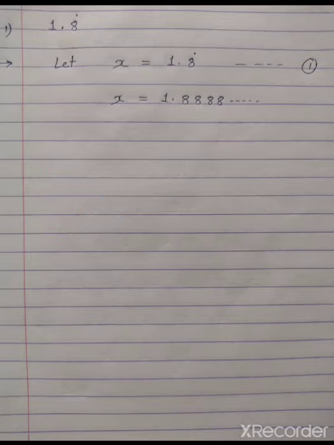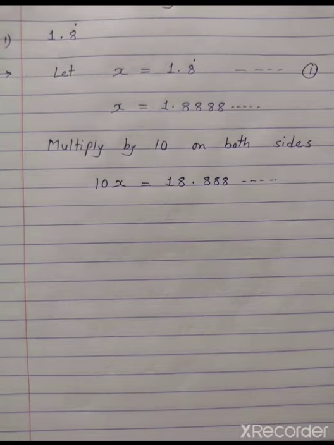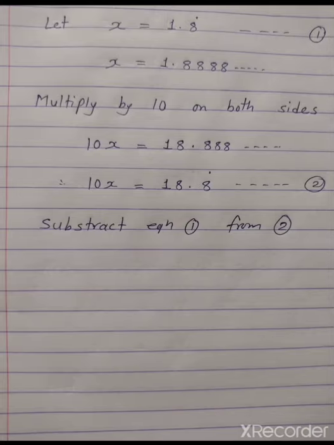When you multiply both sides by 10, the decimal place shifts to the right by one place. So our answer becomes 18.888 and so on. We can write this as the recurring form 18.8 recurring. So this is our equation number 2.